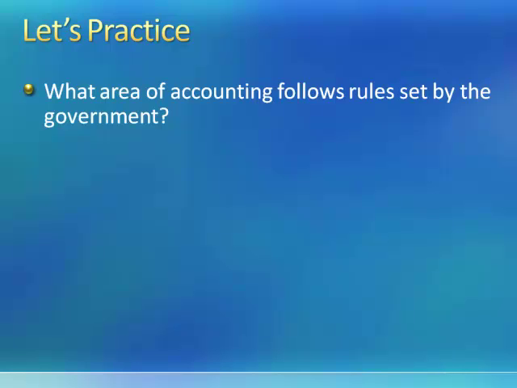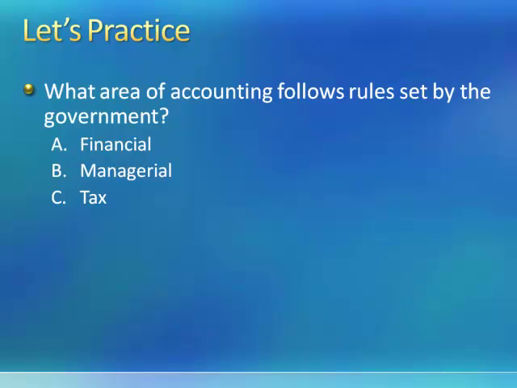Our next question, what area of accounting follows rules set by the government? We have 3 areas of accounting: financial accounting, managerial accounting, and tax accounting. Managerial accounting is based on the needs of the user, and there are no rules associated with the preparation of managerial accounting reports.